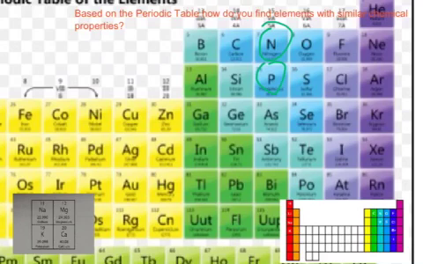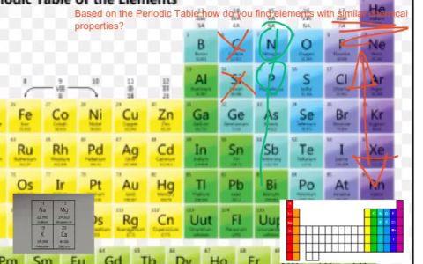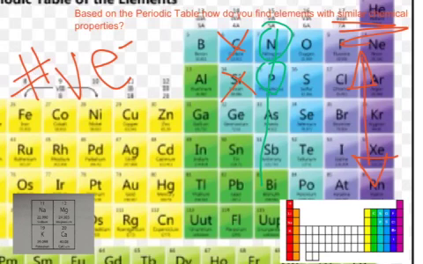Nitrogen and phosphorus would react more similarly chemically than nitrogen and carbon or nitrogen and silicon, because nitrogen and phosphorus are in the same group. So when we're looking for similar chemical properties, we are looking upstairs, downstairs, in the columns, in the groups, because the elements have to have the same number of valence electrons in order to act similarly chemically.